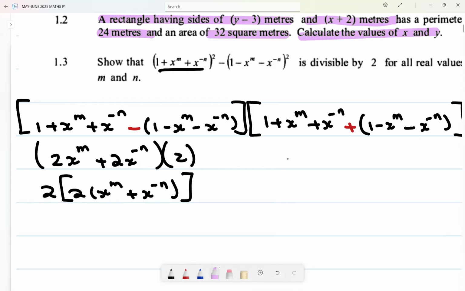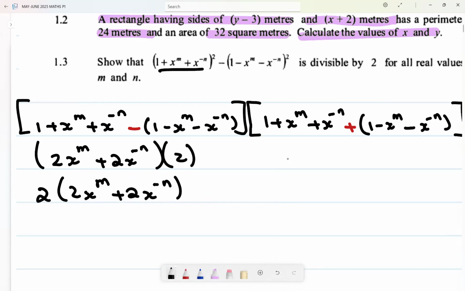If this was to be 3 here, maybe not 3, if this was just any constant, maybe 9 divided by 2, it's going to affect this 2. So I need to consider all of this part. So what am I going to say? Let me even rewrite it. Let me just say it is 2 into 2 to the power of x to the power of like this.